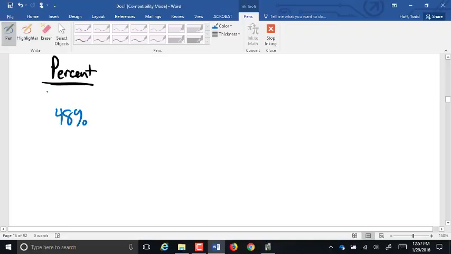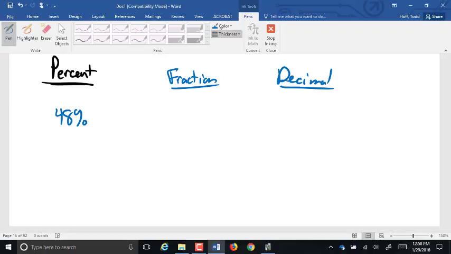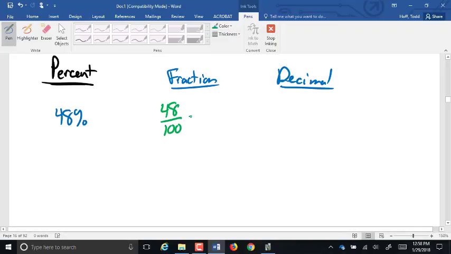48%, what is that converted to a fraction or a decimal? So to convert it to a fraction, 48% literally means 48 over 100. Now, of course, we can reduce that by what? What can we divide it by?